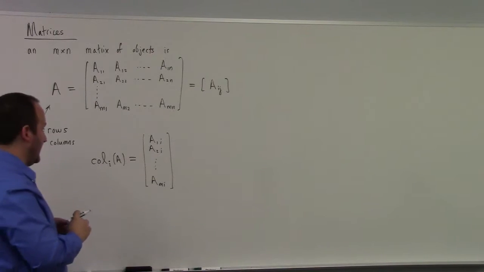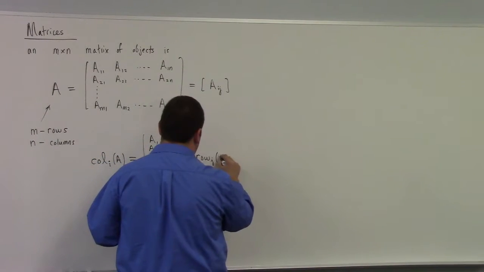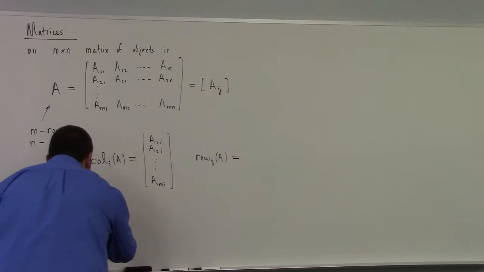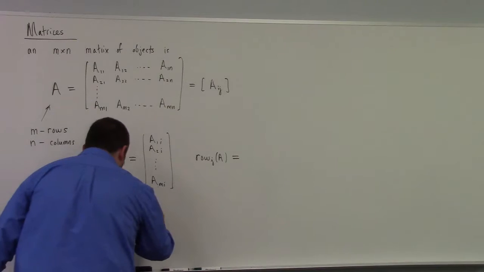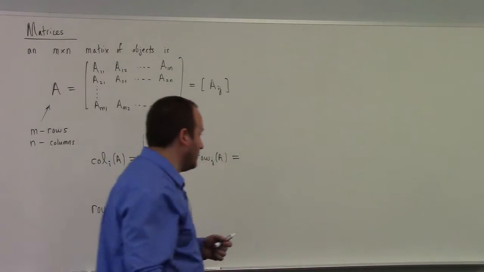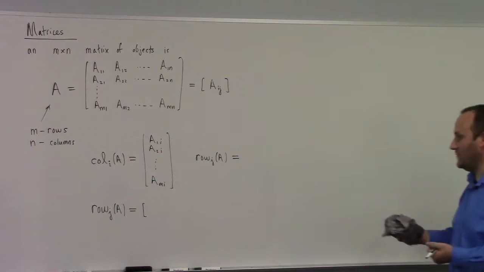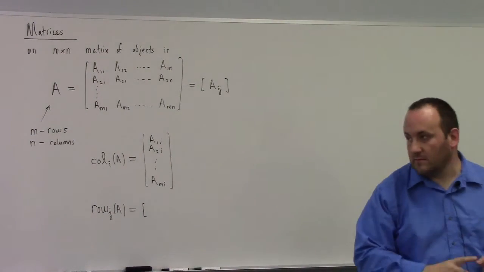What's the jth row of A? Actually, let me do it down here. Sorry if this is boring to start with, but we have to settle these terms. Otherwise, what I do a little bit later will soon become meaningless to you, right?